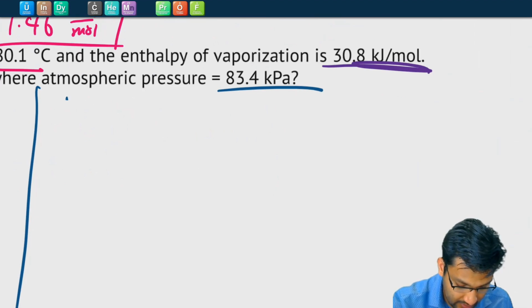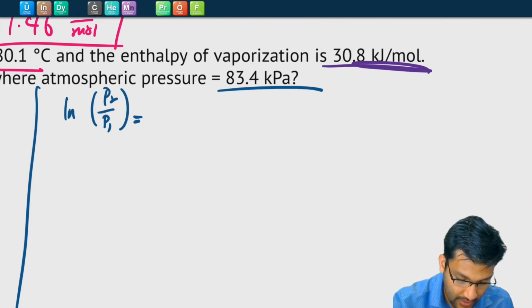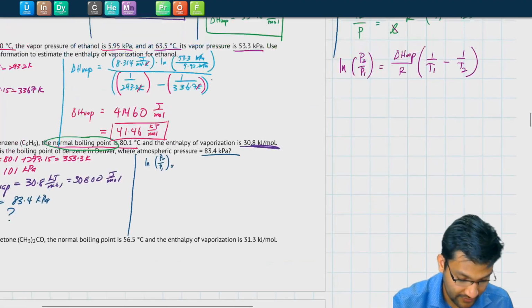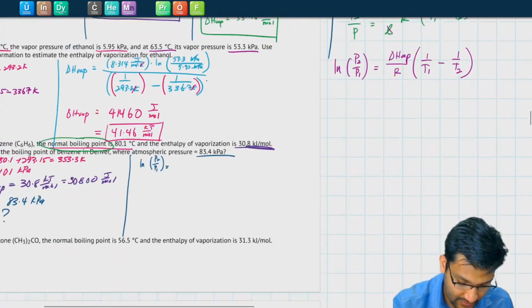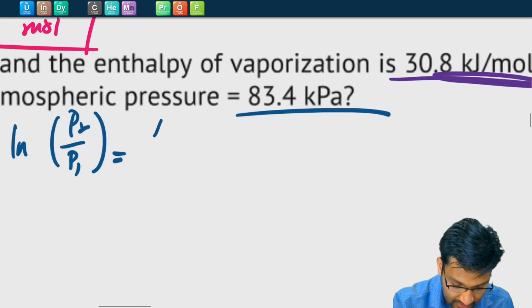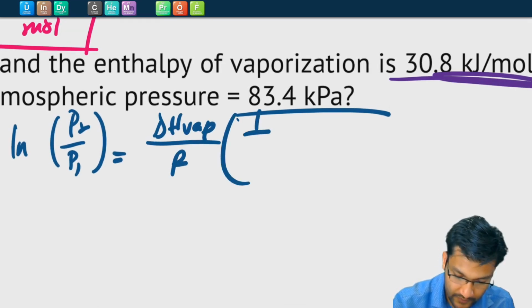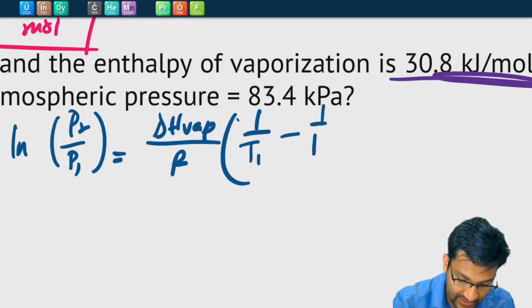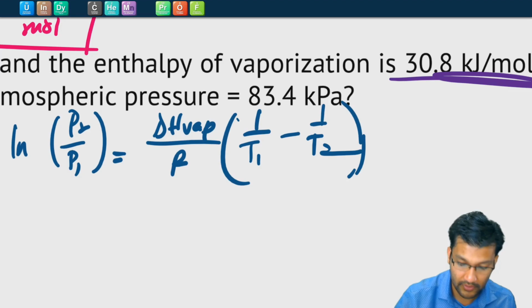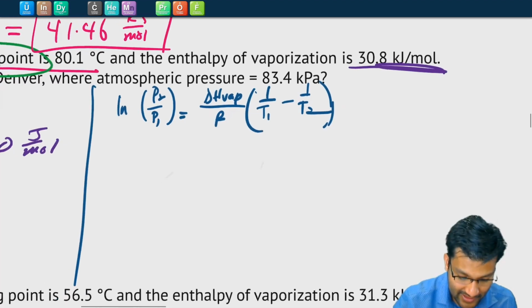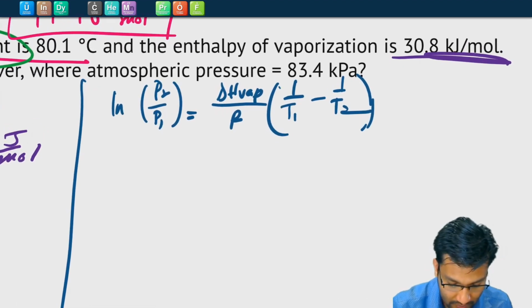So we know that natural log of P2 over P1 is equal to, I forgot what it was. Here it is. The heat of vaporization over R, times 1 over T1 minus 1 over T2. We're solving for T2, right? So we need to rearrange this equation to solve for T2. How do we do that?